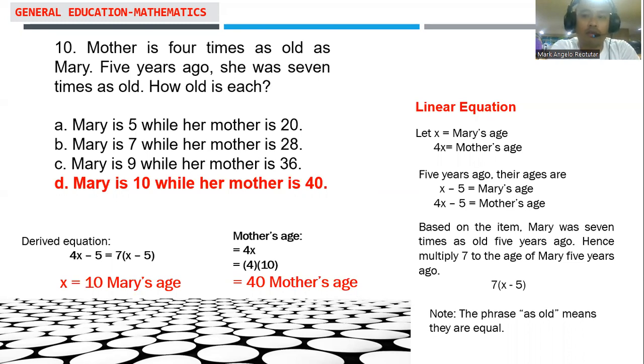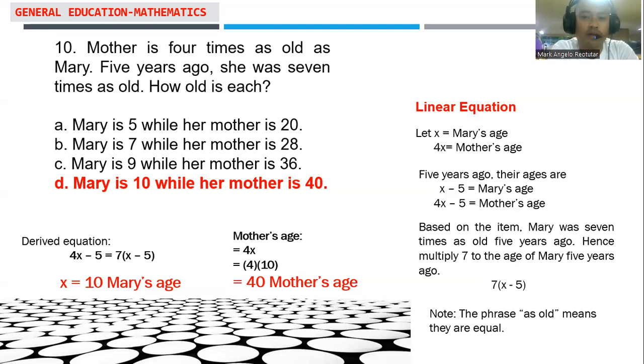In order for us to answer this problem, we plot first the given. So we let x be the age of Mary. Kasi sabi dun sa first sentence, mother is 4 times as old as Mary. So ang ibig sabihin, 4x ang age ni mother, while x represents the age of Mary. 5 years ago, their ages will be, just subtract 5.